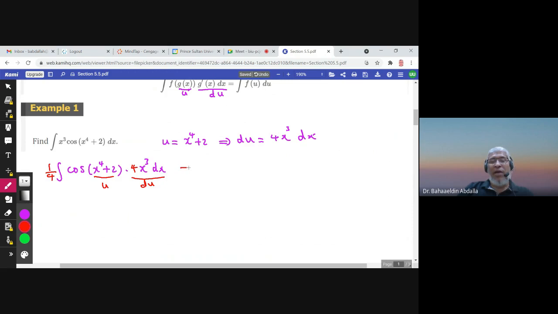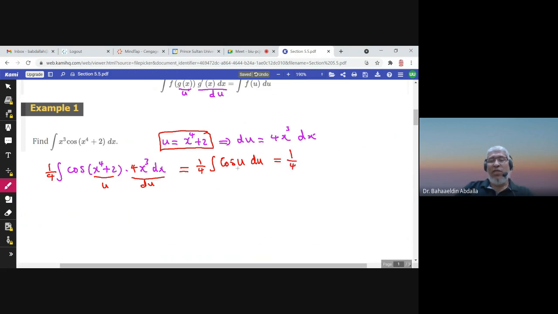And now I can write this integral as 1 over 4 times the integral of cosine u du. So this difficult integral, using this substitution, I changed it to an easy integral which I can evaluate.